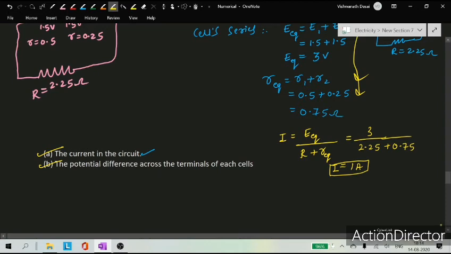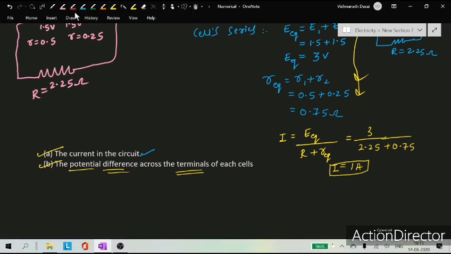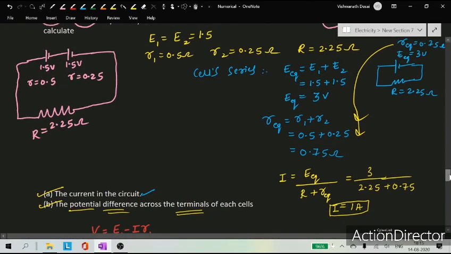And next, they are asking the potential difference across the terminals of each cell. So terminal potential difference they are asking. So what is terminal potential difference? Terminal potential difference for the first cell. The formula of terminal potential difference is E1 minus I R1. Not I1, because current is the same in series. Okay, so E1, they have given it in the problem, is equal to 1.5.